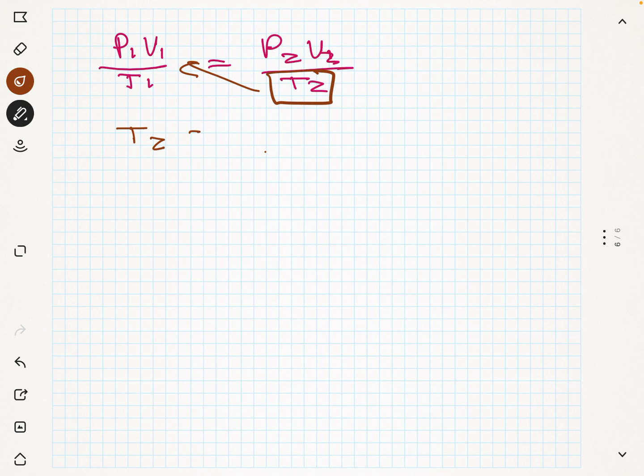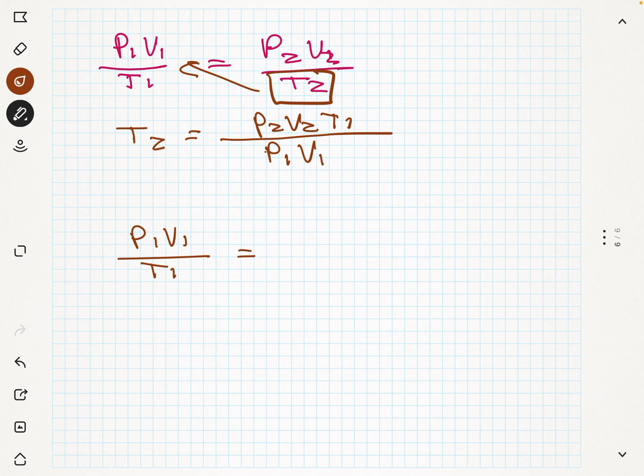So T2 will equal P2 V2 T1 over P1 V1. And if you need to watch how that's solved, let me do it down here. If you know how I did this, no need to watch that next part.